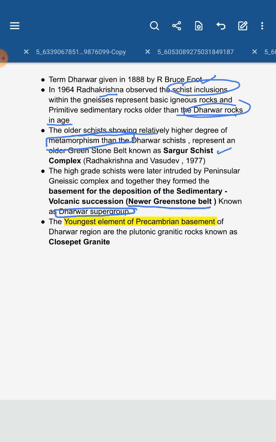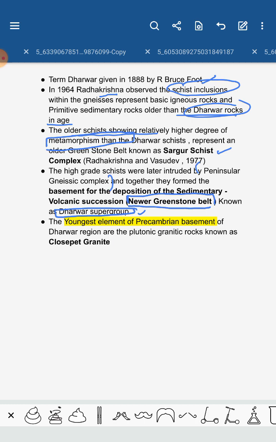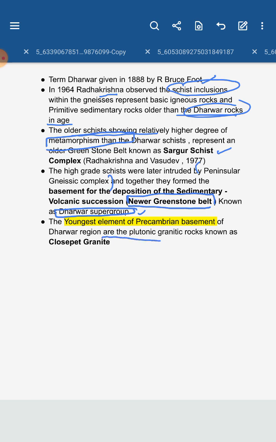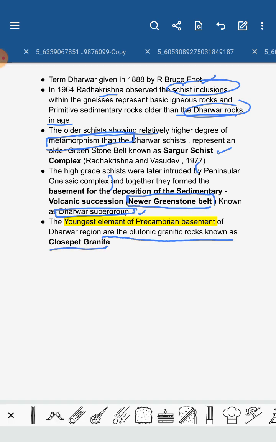So the same Sargur schist complex were intruded by the peninsular gneiss complex, and together they formed the newer greenstone belt, which is known as Dharwar Supergroup. And the youngest element of Precambrian basement of Dharwar region and the plutonic granitic rock is known as Closepet granite. So this is about the Dharwar Craton part 1.